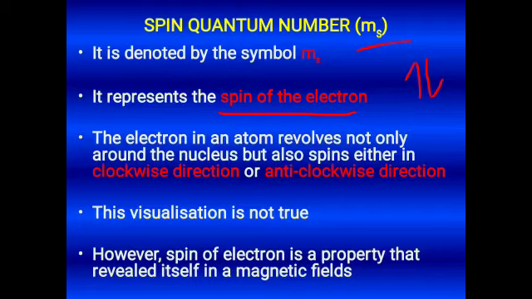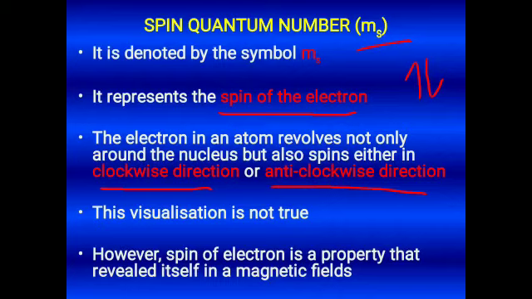If 2 electrons are there in an orbital, the electron will revolve around the nucleus by spinning on its own axis. The spin of each electron will be in the opposite direction. That is, one electron will spin in clockwise direction and the other electron will spin in anti-clockwise direction.